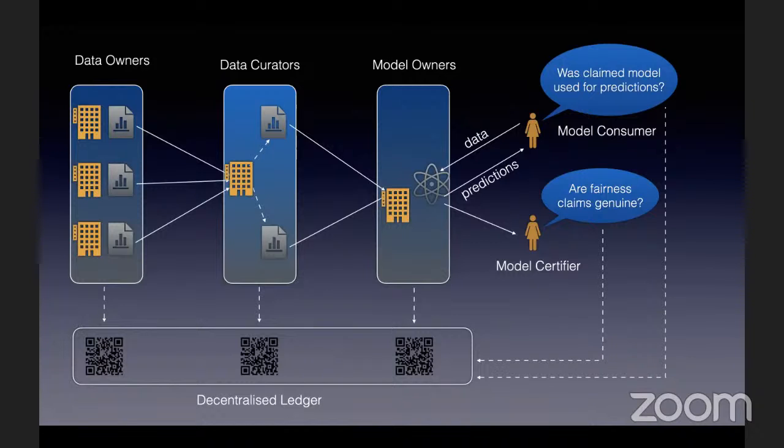Data curators may collate data from various data owners and produce data sets by performing operations, let's say collection and filtering according to the particular use case, producing specialized data sets for different analysis. These curated data sets are then used by model owners to both train their models and benchmark the performance of their models.